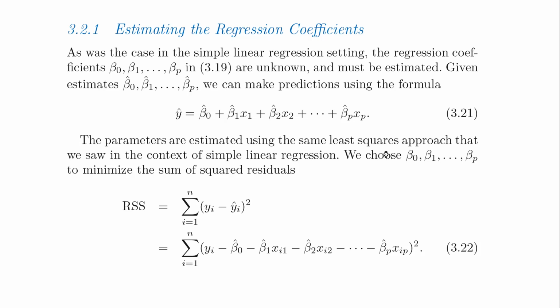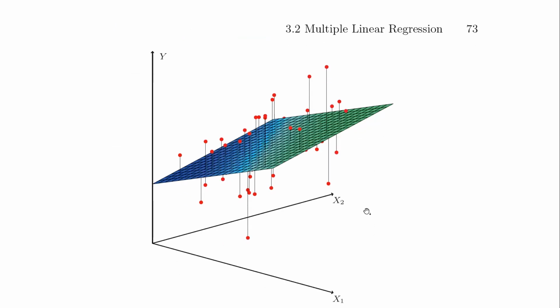And that's formula 3.22. This will produce a hyperplane. What do we mean by a hyperplane? It's just a generalization of linear surfaces such as the one we have in the diagram on my screen when working with two predictor variables.